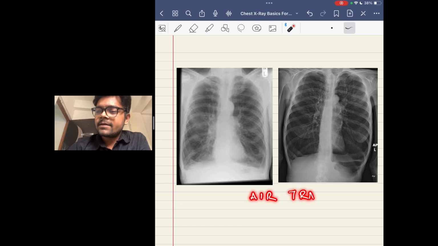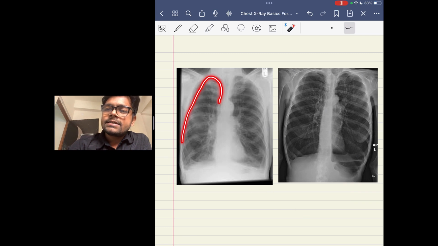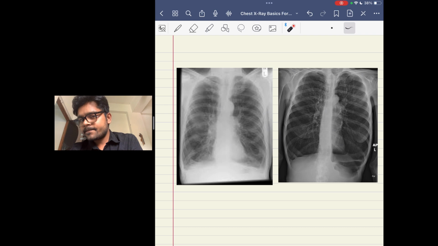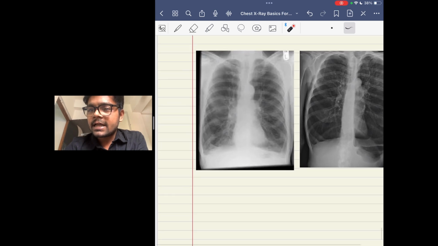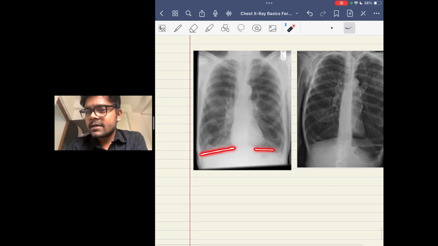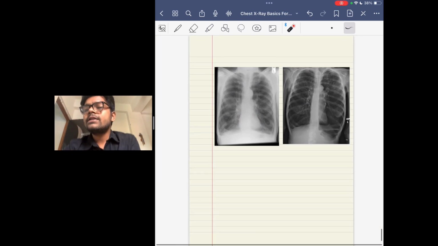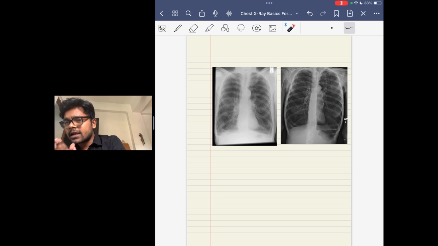That is a very important concept of emphysema. Note that these lung fields are very much elongated, hyperinflated to be in the correct term. The diaphragms are flattened. The heart is tubular. So how do I know that it is a hyperinflated lung and not a normal lung?